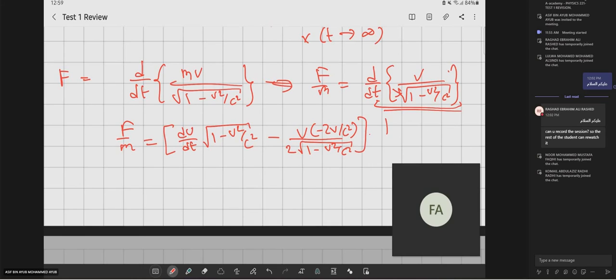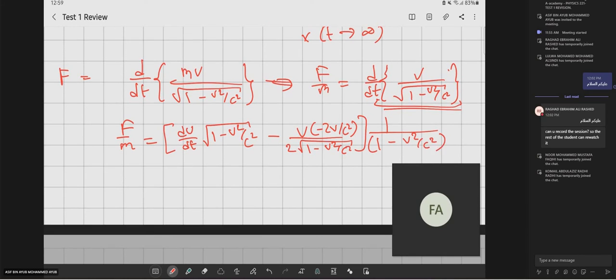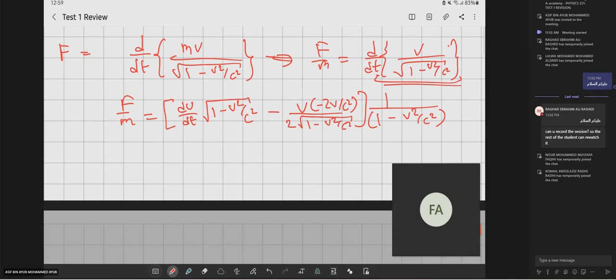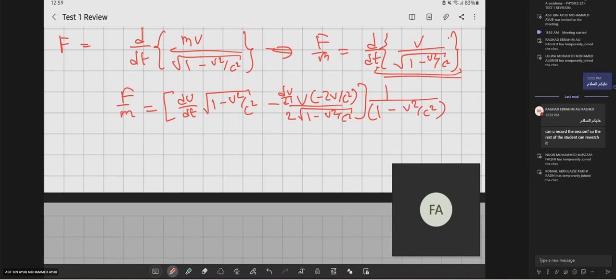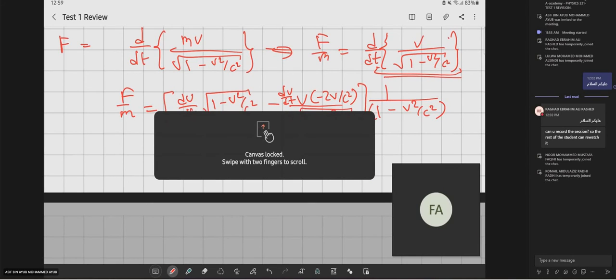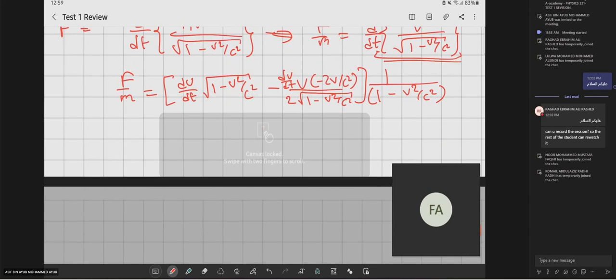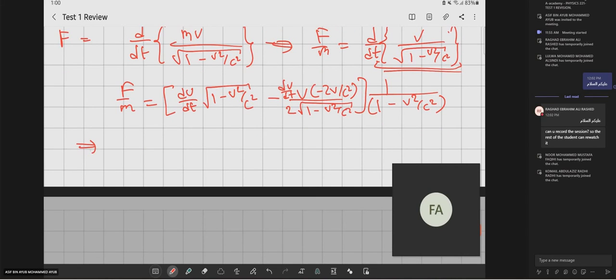I have to divide by the denominator squared, so I'll have 1 minus v squared over c squared. I missed a dv over dt here from the chain rule. I'm just switching the sides here, dv by dt.